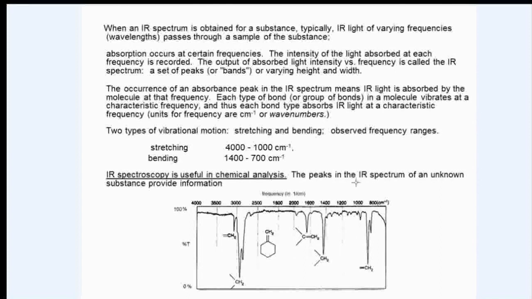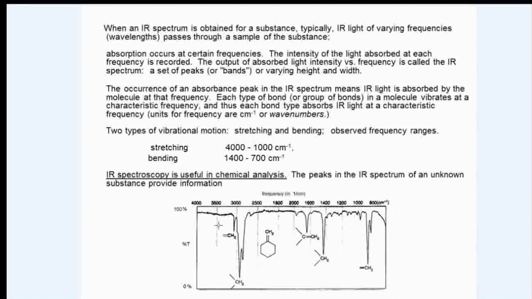Let's examine now the actual IR spectrum of our compound, the cyclohexane with an external double bond. You can see that there are, well, 1, 2, 3, 4 peaks.